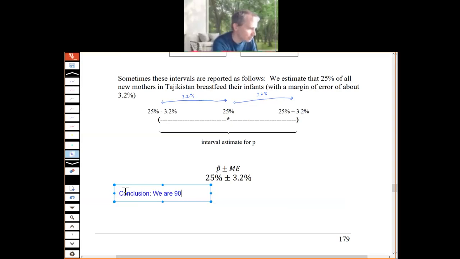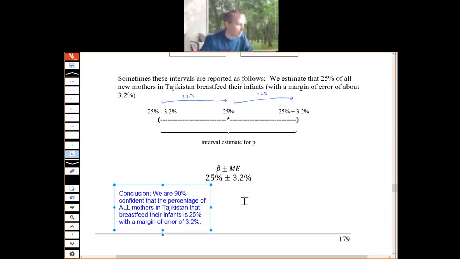we are 90% confident that the percentage of all mothers in Tajikistan that breastfeed their infants is 25% with a margin of error of 3.2%.